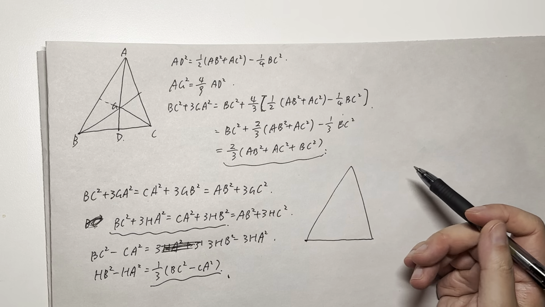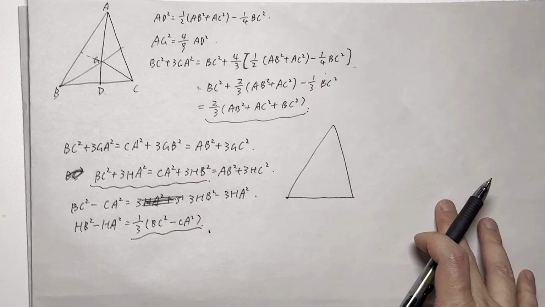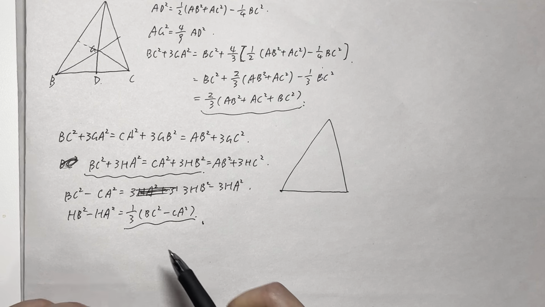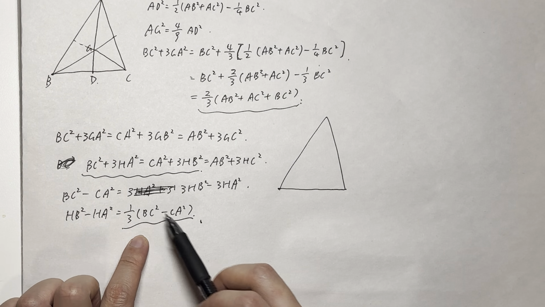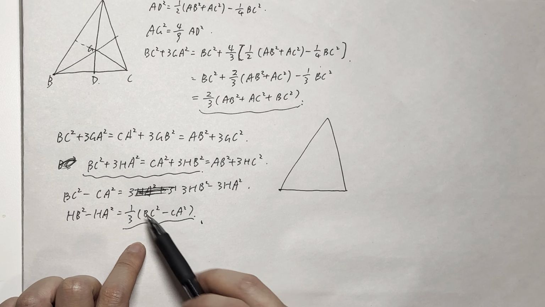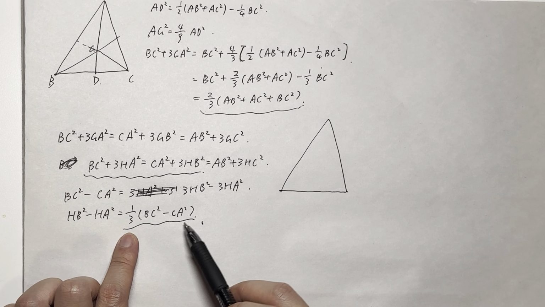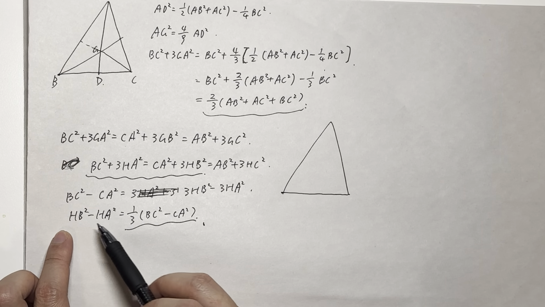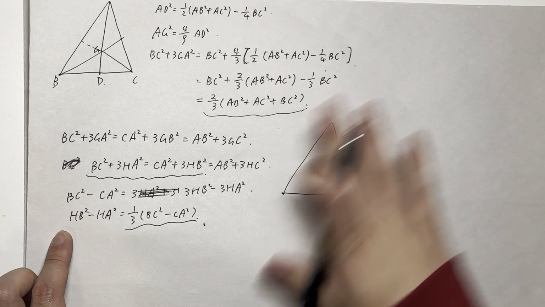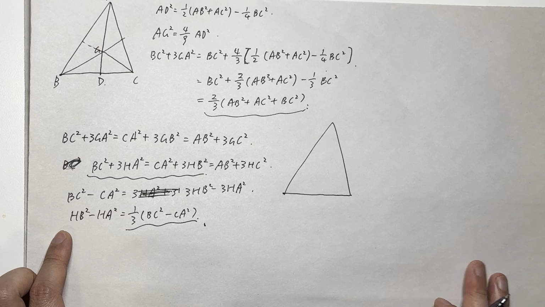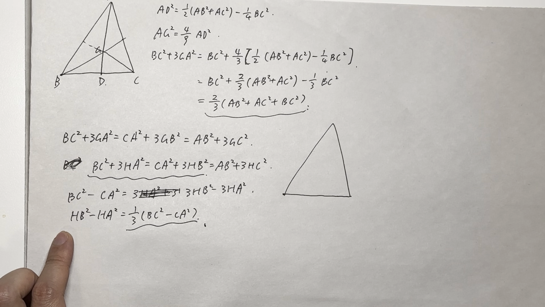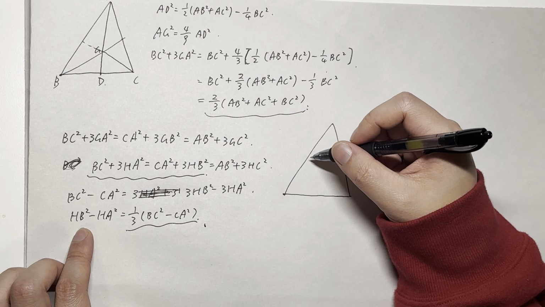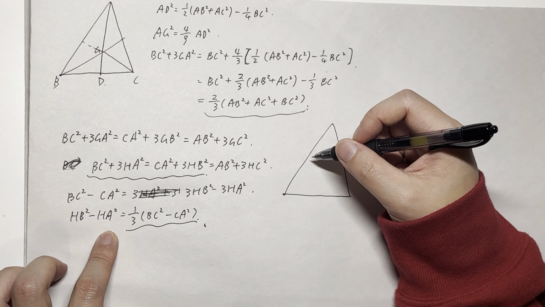BC squared minus CA squared is still a constant, and 1/3 of it is still a constant, which means we consider H as a point that moves around on this plane. We want to find where that H is.